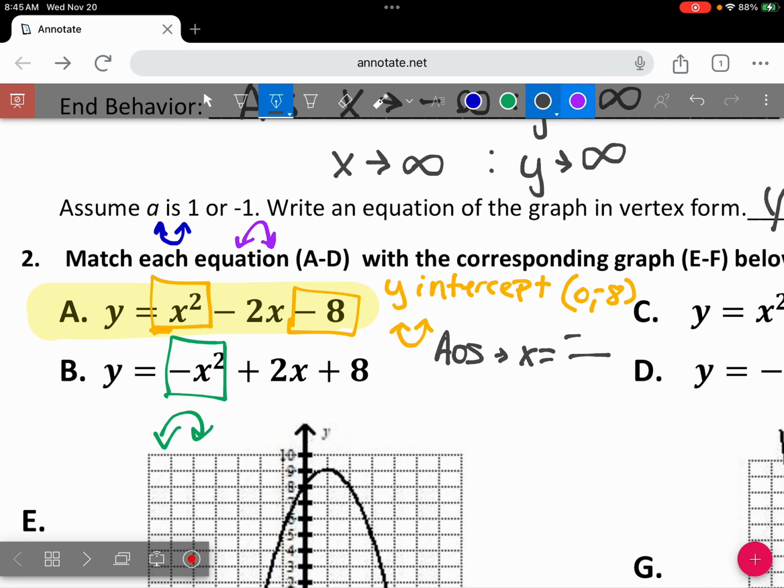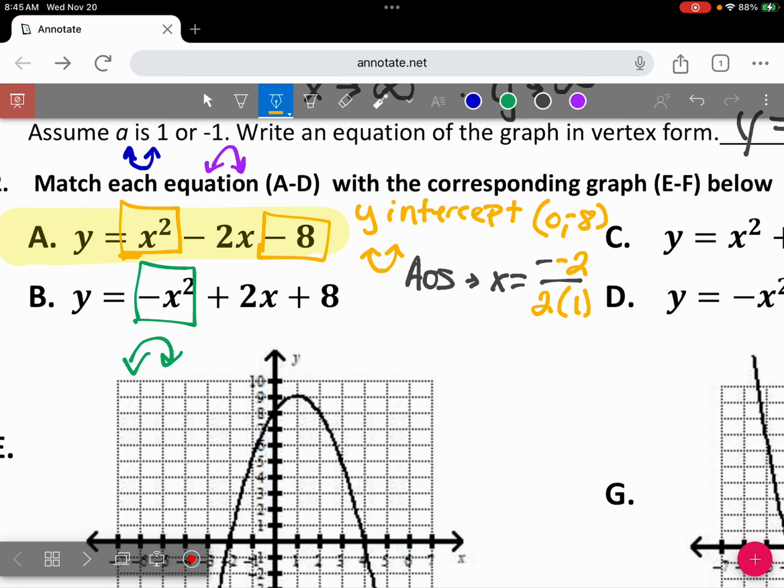What's our b here? On the yellow one? -2. So the opposite of -2 is +2, over 2 times our a, which is 1. 2 times 1 is 2.